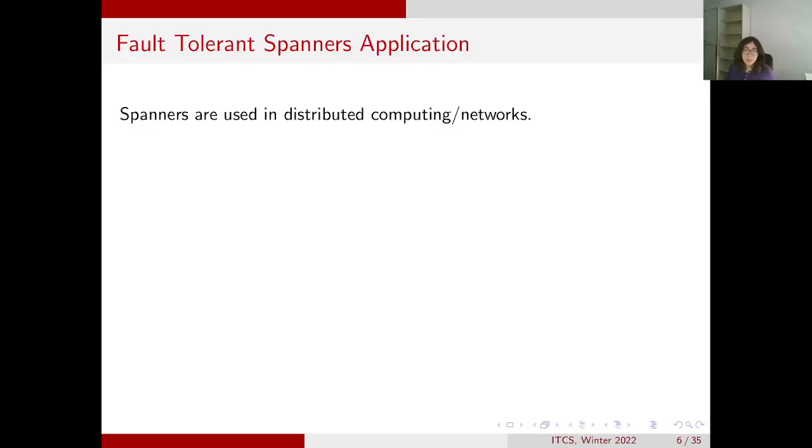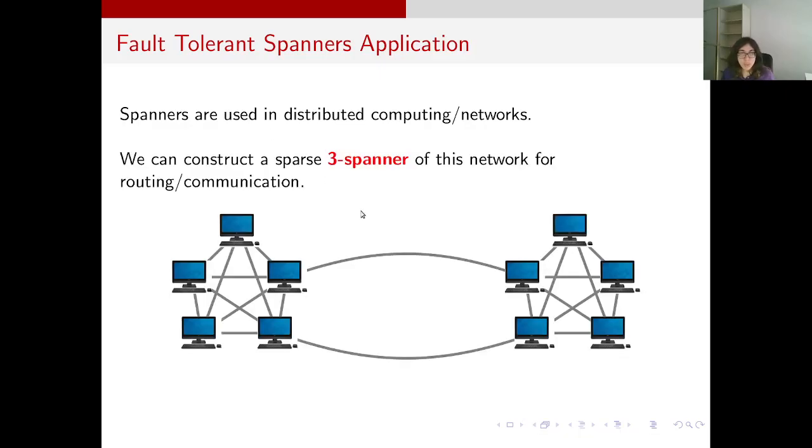Let me start with some motivation. Spanners are usually used in distributed computing and networks, and the goal is usually to have a sparse subgraph that can be used for the purposes of communication or routing.